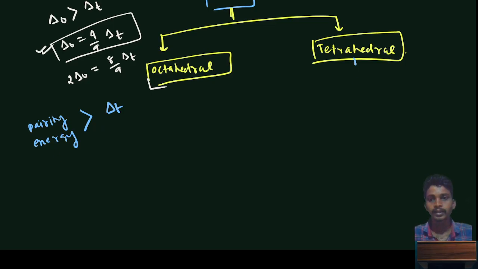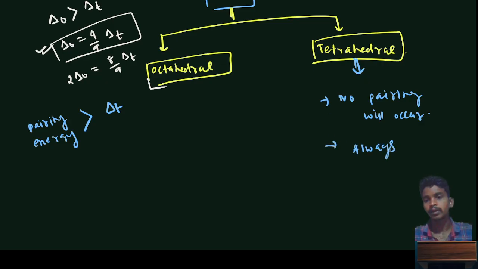So in the tetrahedral case, no pairing will occur. It means that always high spin complexes will form in the case of tetrahedral.